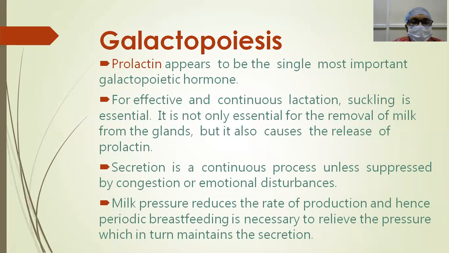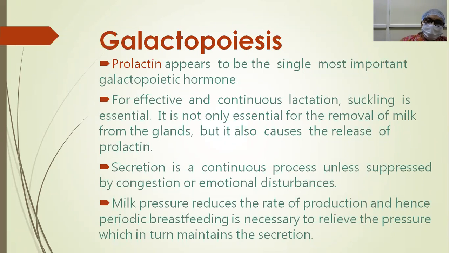Milk pressure reduces the rate if the breasts are not emptied, the baby doesn't suckle and there is no milk ejection; there is no feedback and prolactin is not released. Milk pressure reduces the rate of production, and hence breastfeeding is necessary to relieve the pressure, which in turn maintains the secretion.